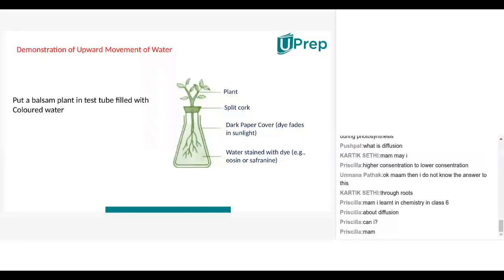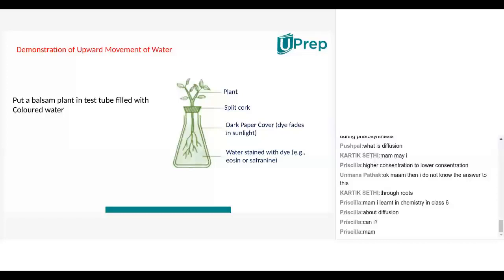We have to take a conical flask where we are supposed to keep colored water, and then we should take a small sapling of a balsam plant. Correct. And then we have to keep it. We have to take a split cork and keep the roots through that into the conical flask.